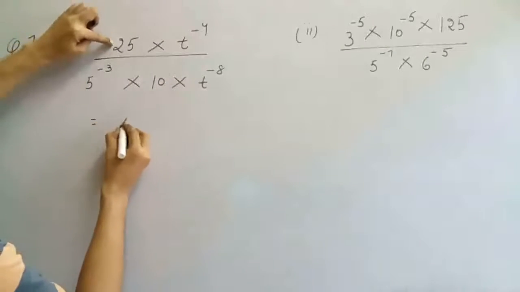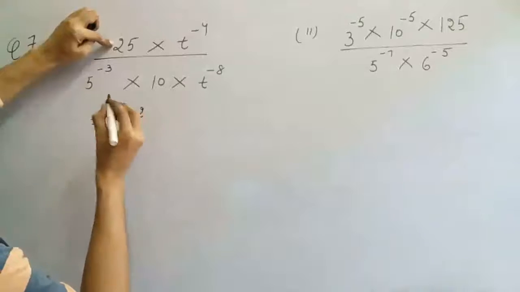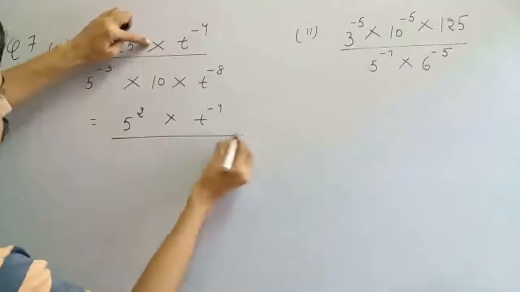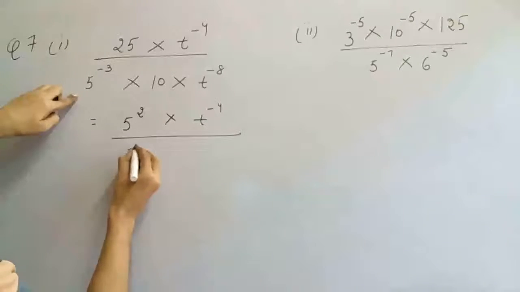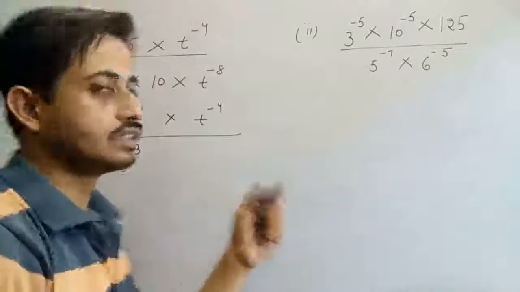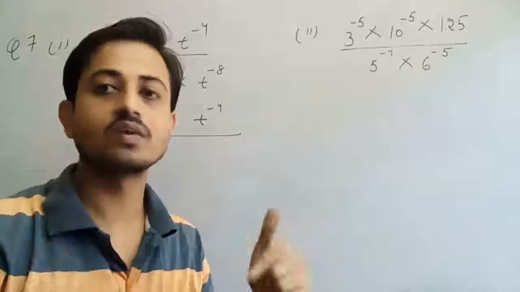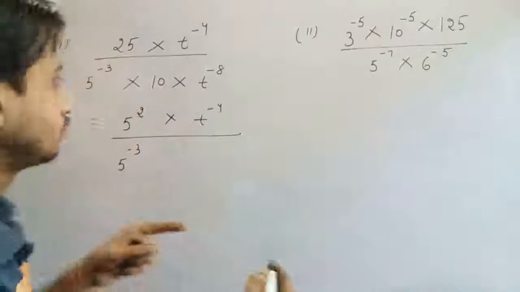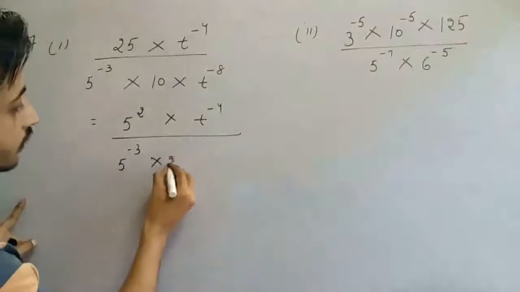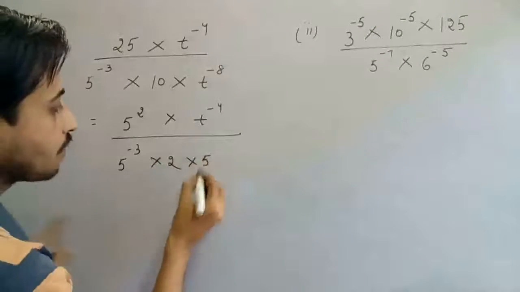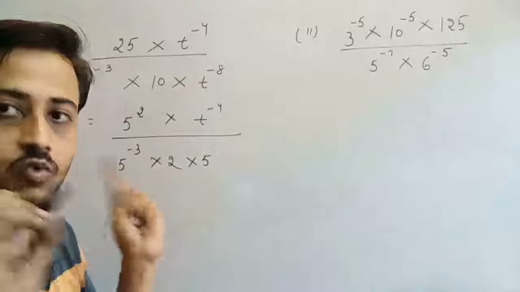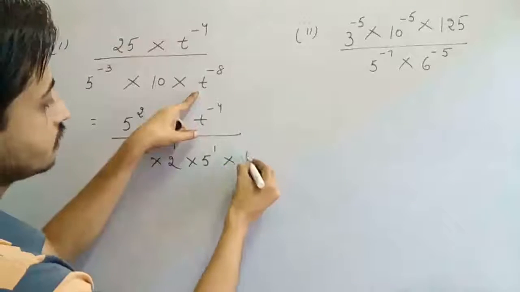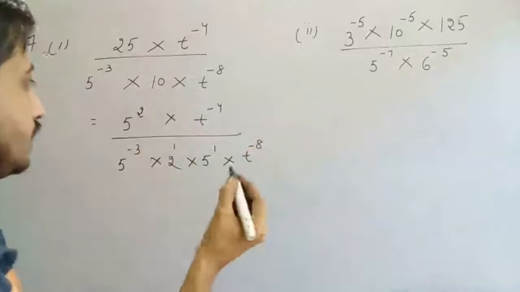So 25 can be written as 5 raised to the power 2, t raised to the power negative 4 as it is. Now 5 raised to the power negative 3, but 10, there is no term as a common, try to make it as common. 10 can be written as 2 into 5, so I am writing 2 into 5. If no power is specified, it means the power is 1. And the same is t raised to the power minus 8.